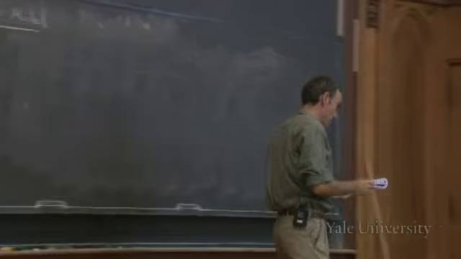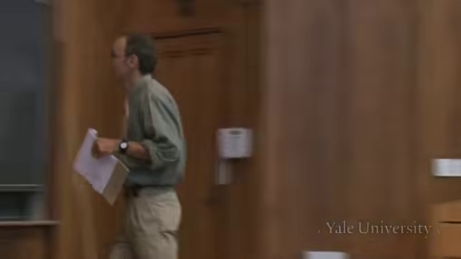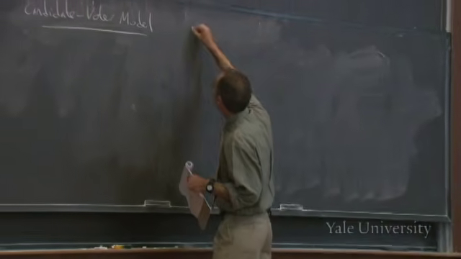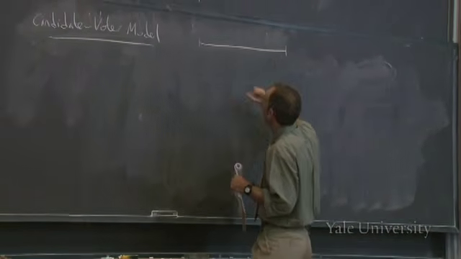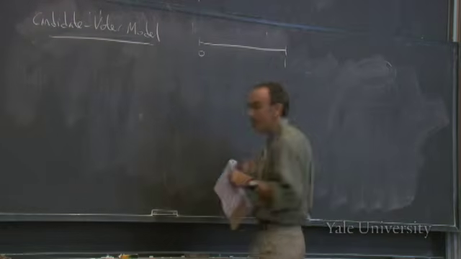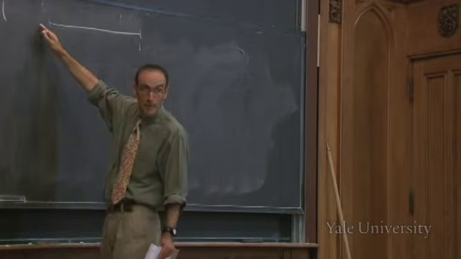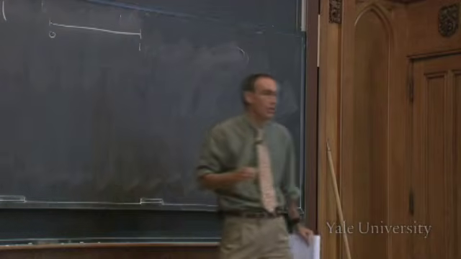Candidate-voter model. Right? And this model is going to look a lot like the models we looked at already a few weeks ago. In particular, as advertised, there will be a line, and this line will go from 0 to 1, and the left-hand side of this line will represent the left wing, and the right-hand side of the line will represent the right wing.